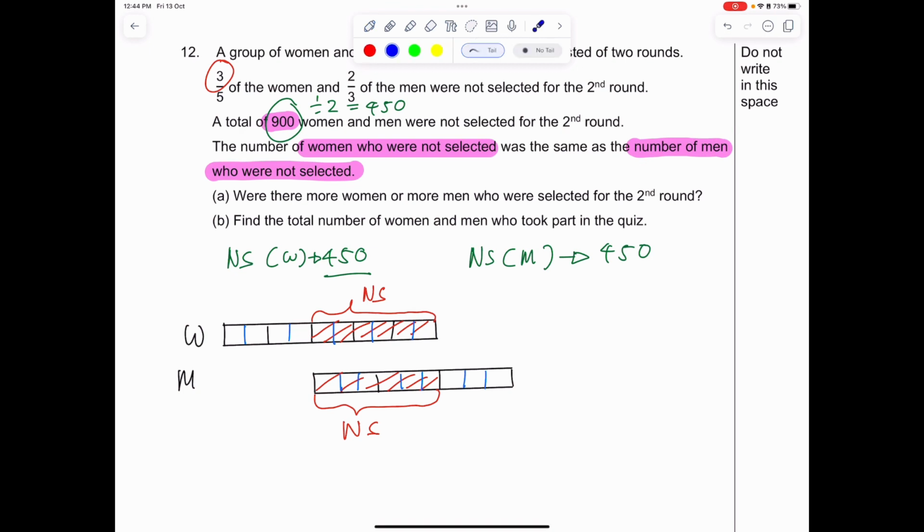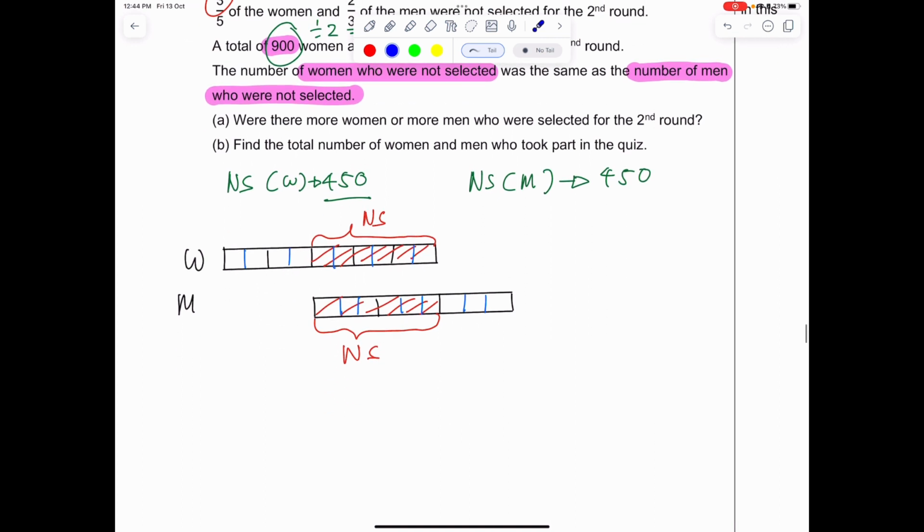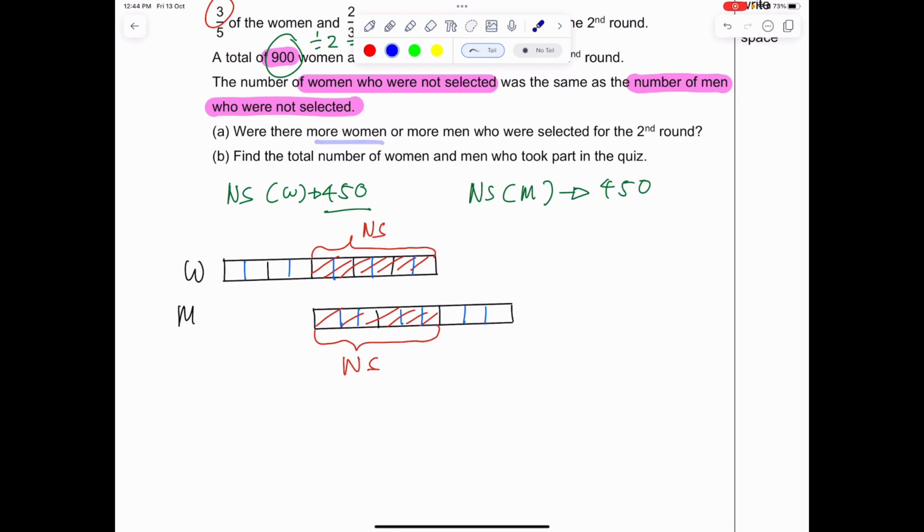Can you see? I cut 1 part into 3 parts, and then I cut this 2 units into 4 parts. So if you look at the part that is not selected, which one has more units? The woman.